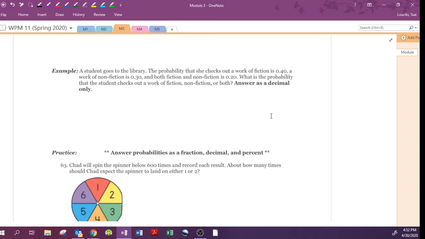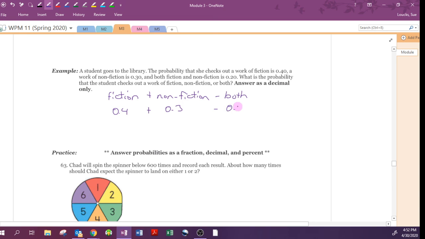Okay, so it's going to be fiction plus nonfiction minus both because we've counted both twice. So the probability that she's going to pick out fiction is 0.4, probability of nonfiction is 0.3, and the probability of both is 0.2, so we need to subtract that, and that gives us 0.5.